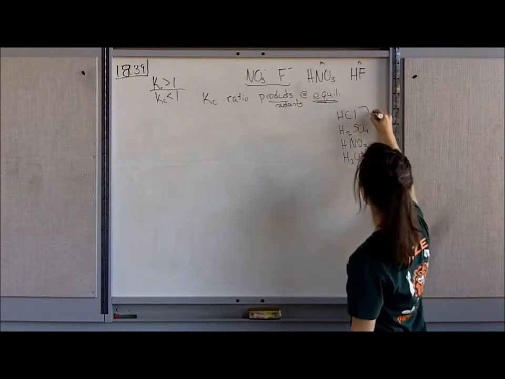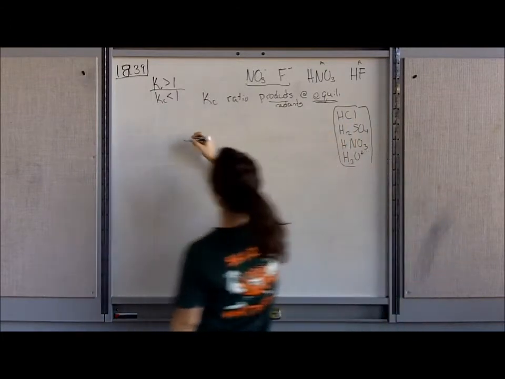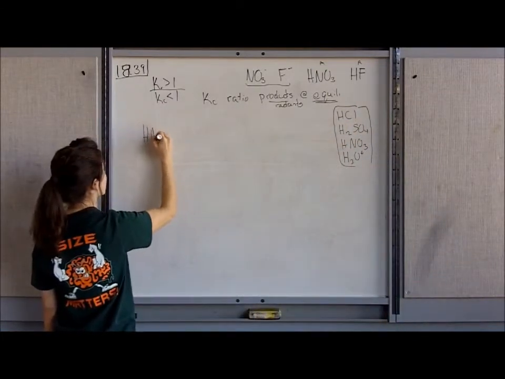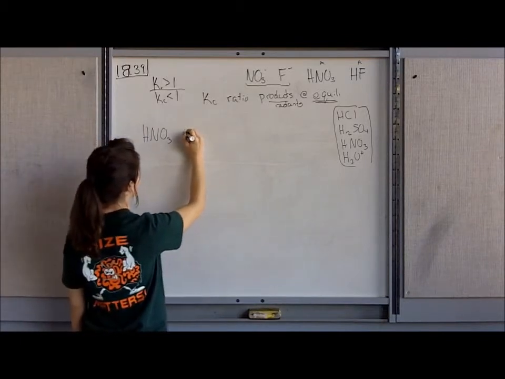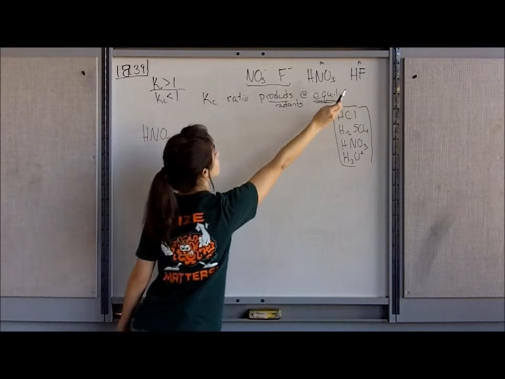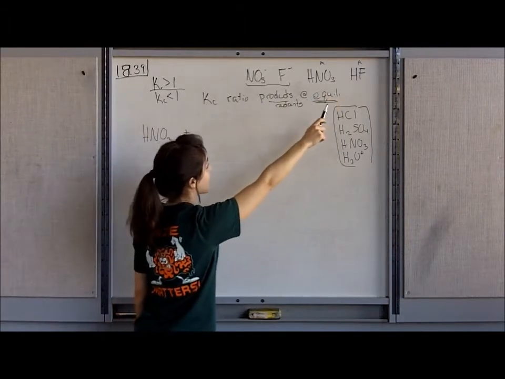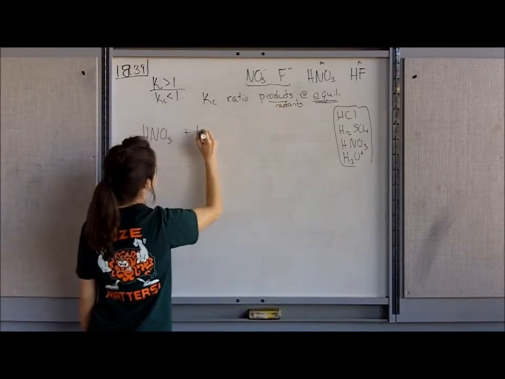These are all strong acids that we need to know about. So we'll try HNO3 first as our strong acid, and we need to add it to another species that it will react with. We don't want to add it to another acid because it cannot protonate that acid.